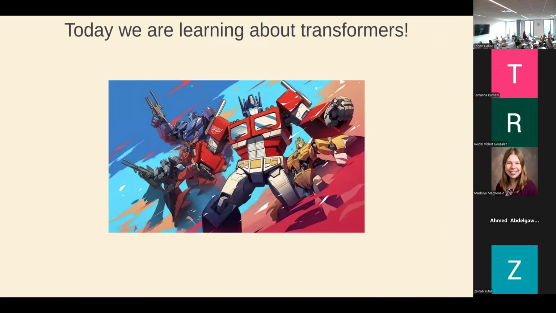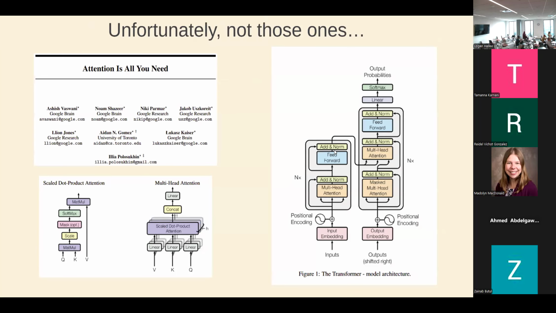Yay! Today, obviously we're learning about transformers, but we're not going to talk about Autobots and Decepticons. Unfortunately, those are very cool, but we mean the ones introduced in 2017. Of course, this is the seminal paper, "Attention is All You Need," where mostly Google Brain introduced some of the fundamental techniques, but these types of ideas had been around for a while, particularly different types of attention mechanisms, although they really get fleshed out here.